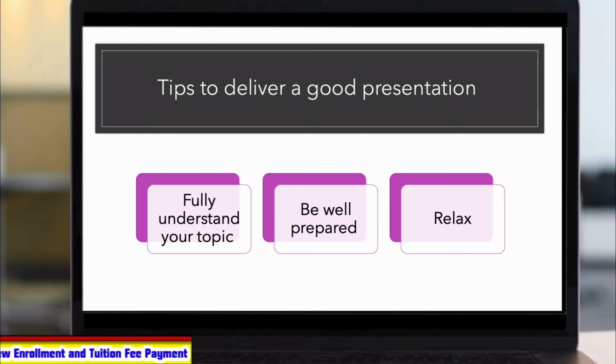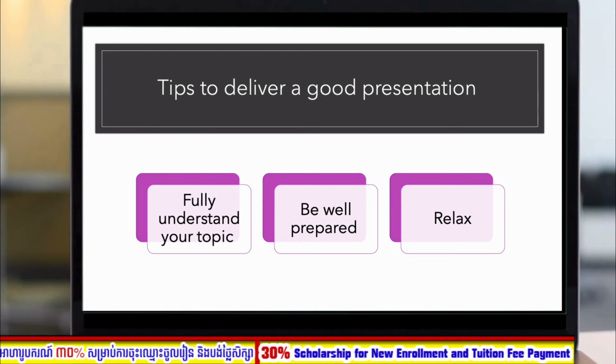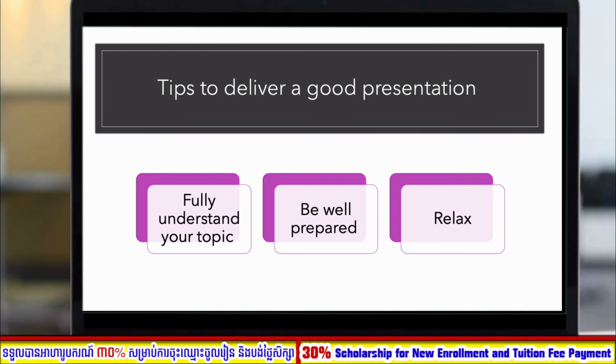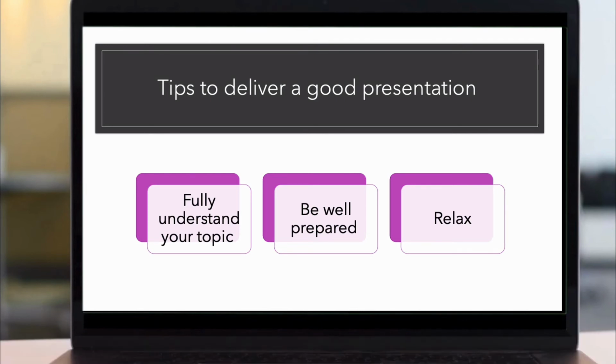So the tips that I would like to share based on my own experience, there are these tips. The first one, you need to fully understand your topic. You need to understand what you are talking about. If you are talking about the cause and effects of the rain, you clearly understand all of the information there.